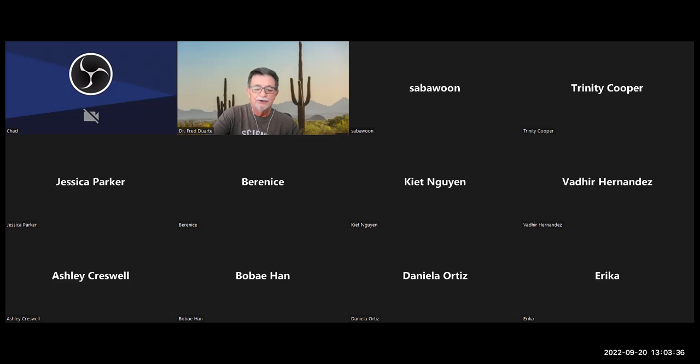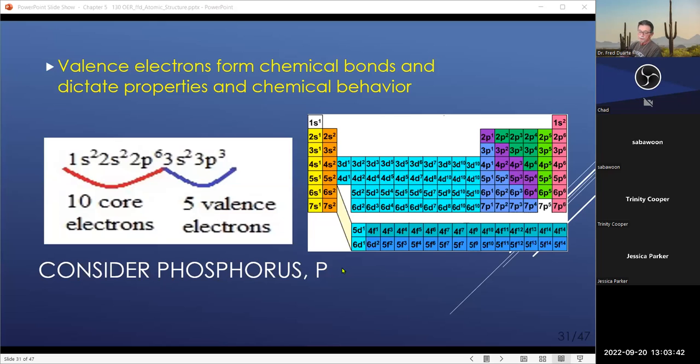Okay, well, let me share the slide where we left off. And we were in slide 31. We've been talking about the electron configuration, okay? Now, what that is: how do we display the energy levels that these electrons occupy with respect to the elements, okay?